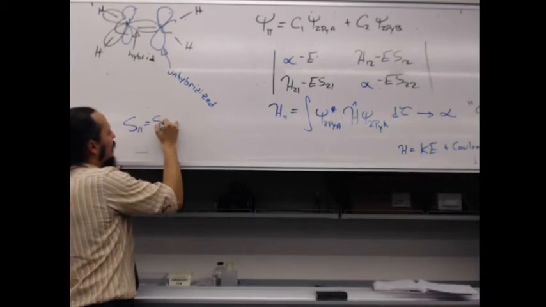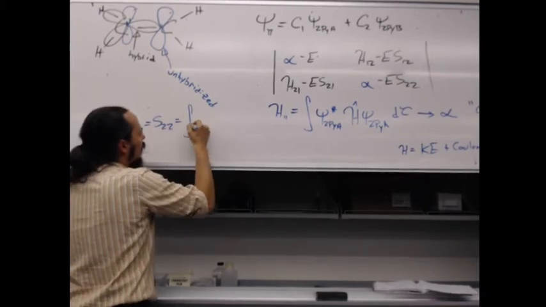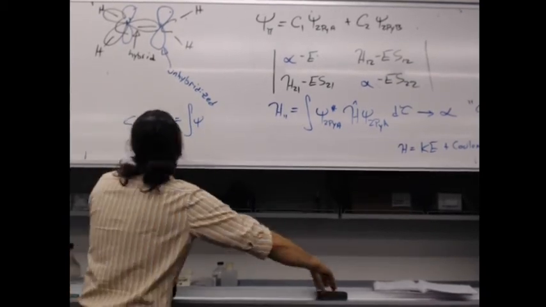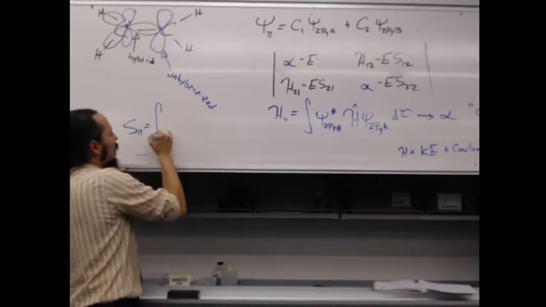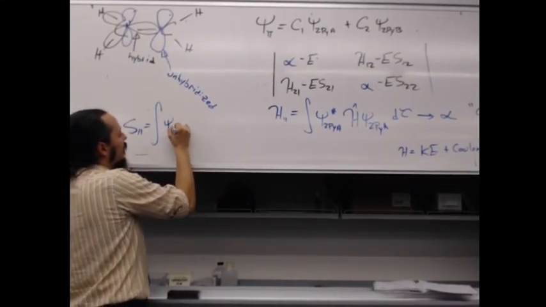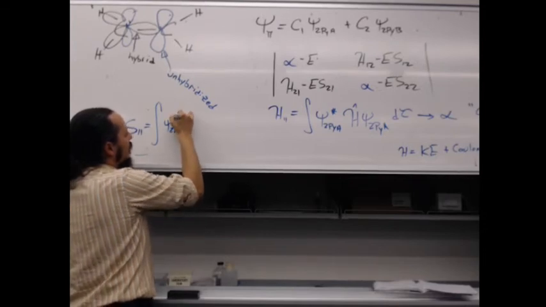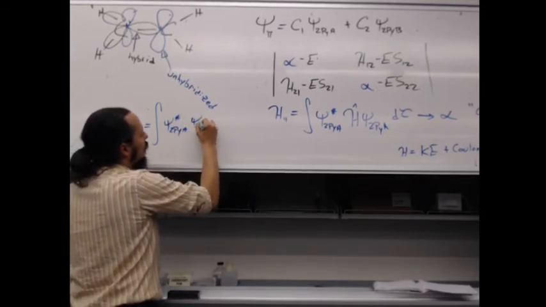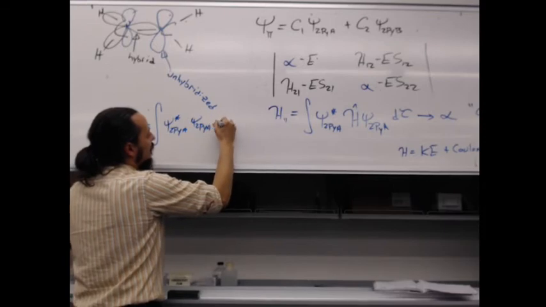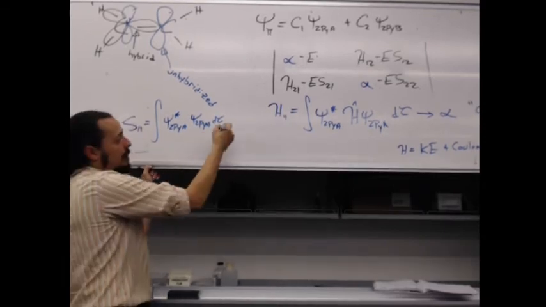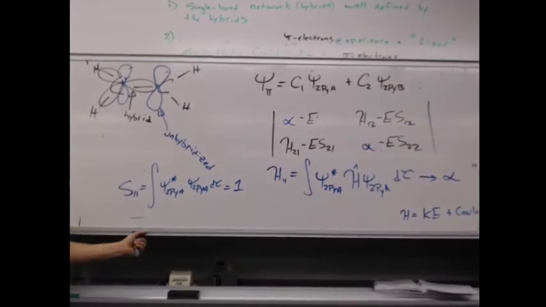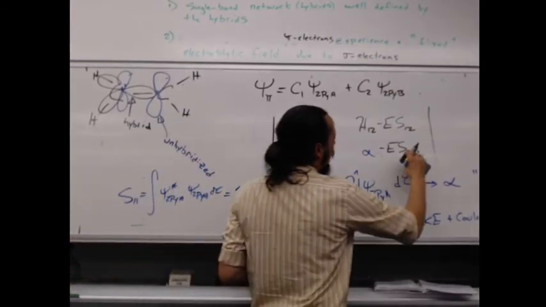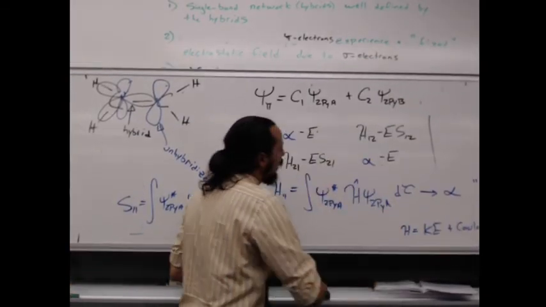S11 equals S22 equals the integral. Let's just do S11 first. The S11 integral is the integral of psi 2py A star, psi 2py A, d tau. And if we're in a normalized basis set, that's just equal to 1. So we can essentially just erase those two.